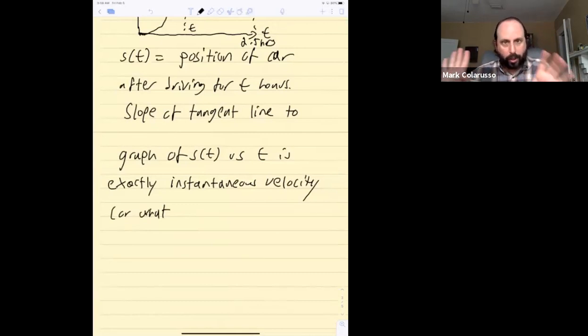There's a slight difference between velocity and speed I won't get into right now. I'll save that for physics, but for all intents and purposes, you can think of it in this example as just kind of a speed. So it's what your speedometer is reading at that time.